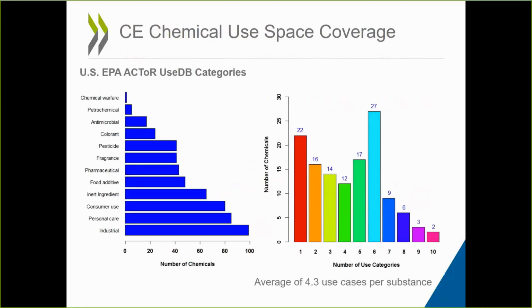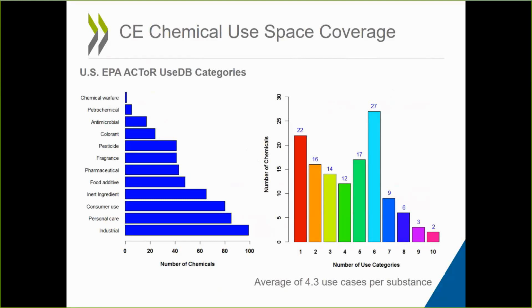And even though the Cosmetics Europe database is cosmetics ingredient chemicals, I should say that it's actually quite a bit more broad than simply fragrances and things like that, and personal care products. You can see on the left hand of this slide, from those 128 chemicals, there are various US EPA ACToR use database categories, and a variety of those chemicals are actually used in things like inert food additives and ingredients.